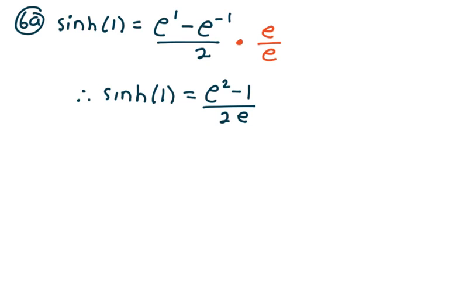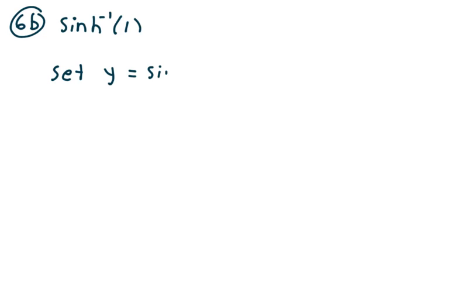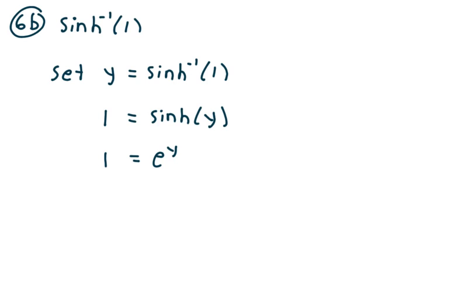And if we want on 6b, suppose we want inverse hyperbolic sine of 1. Okay, so the way, again, that I'm going to do this is I'm going to set y equal to the inverse hyperbolic sine of 1. And so this says 1 equals hyperbolic sine of y. So 1 is e to the y minus e to the negative y divided by 2.